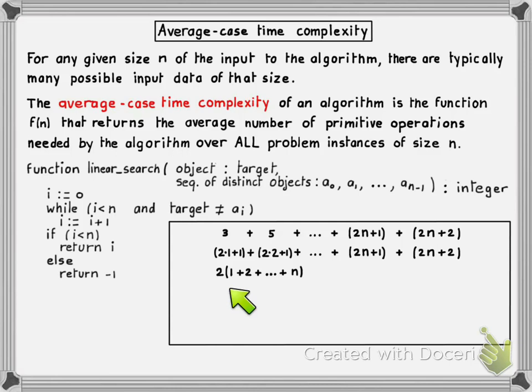Now remember, we still have to account for this one, and this one, and that one. And how many of those are there? The answer is n of them. So we have 1 plus 1 plus 1 dot dot dot plus 1, n times. So this number here is equal to n. And of course the last term does not change.